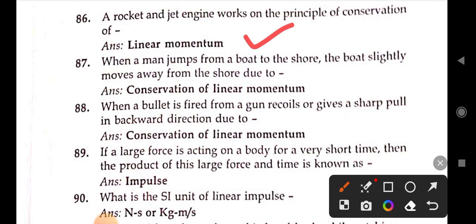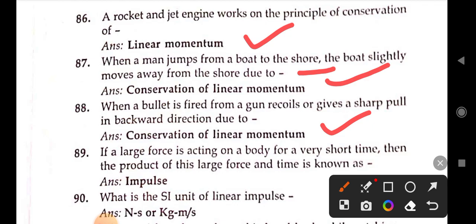When a man jumps from a boat to the shore, the boat slightly moves away from the shore due to conservation of linear momentum. When a bullet is fired from a gun, the recoil gives a sharp pull in the backward direction due to conservation of linear momentum.